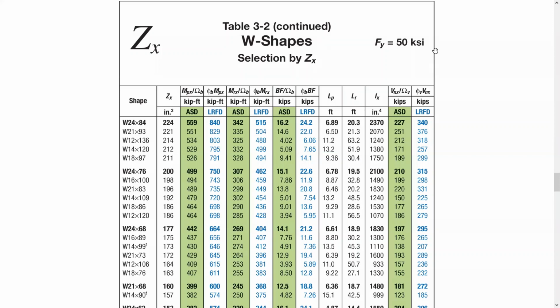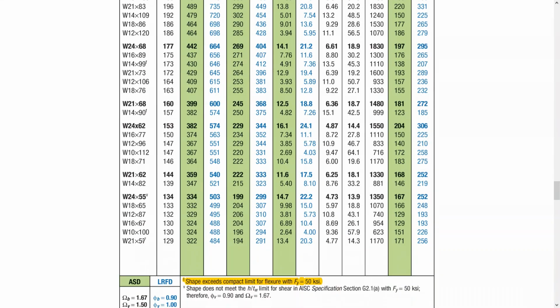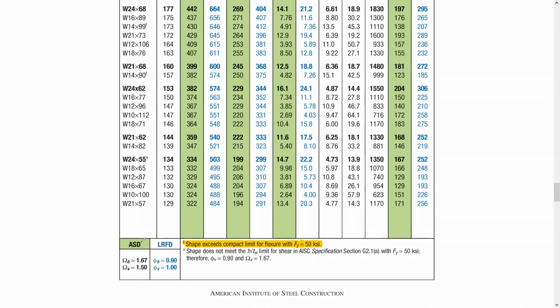In the last class, we used these tables to find Lp and Lr. And I just want to mention one thing here. Look at this footnote, or look at this cross section. This is W14x99, and the F here means the shape exceeds the compact limit for flexure with Fy less than or equal to 50 ksi.